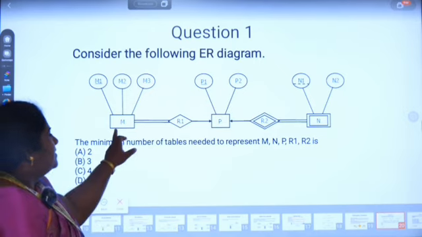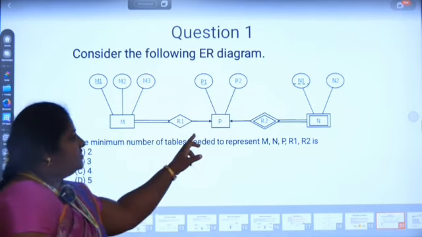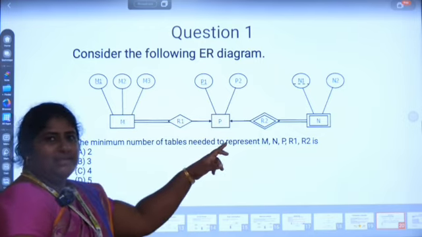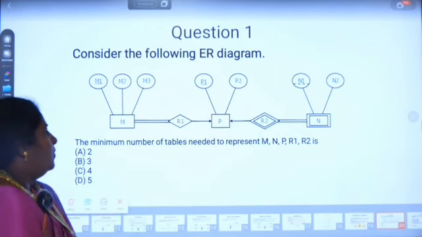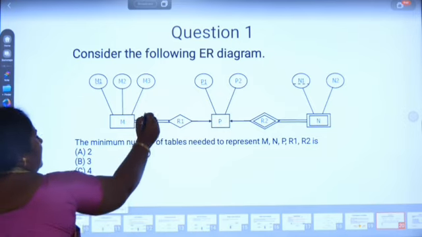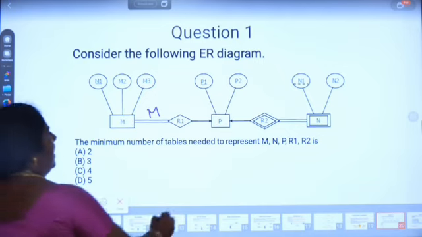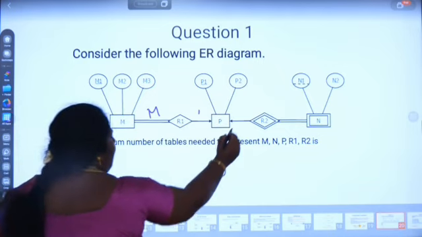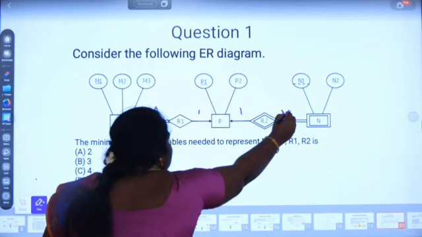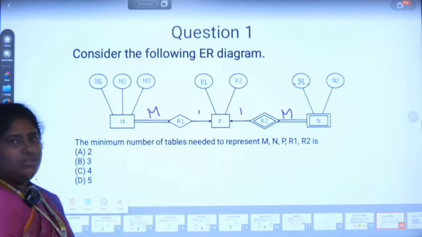Here M can be a strong entity, P is also a strong entity, and N is a weak entity. We consider the relationship between them. Here this side is many and this side is 1. Again this is 1 and this is many. So a 1 to many relationship exists here.